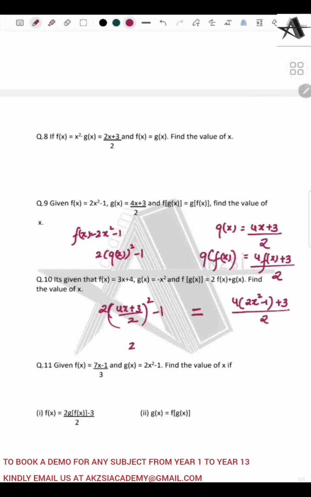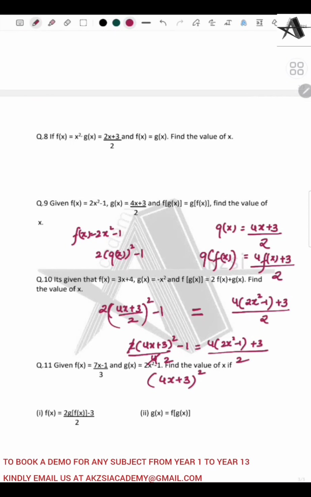Then this will be 2 times (4x plus 3) whole squared over 4. Why over 4? Because the square of 2 is 4. Minus 1 is equal to, here, (4 times (2x squared minus 1) plus 3) over 2. I can cancel out this one. This will become 2. And then taking LCM as well. So, pay attention to this one, this is important.